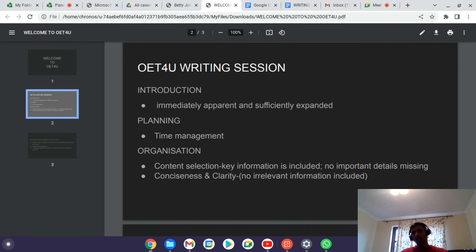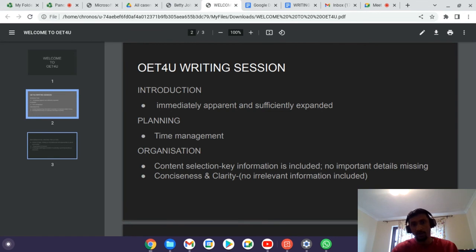There is another important thing: the introduction should be sufficiently expanded. That means in the later paragraphs, you should express why this patient requires follow-up care and management. So you have to explain that in the following paragraphs in a continuous, related manner. There should be a connection between the paragraphs. Have you got it or not?